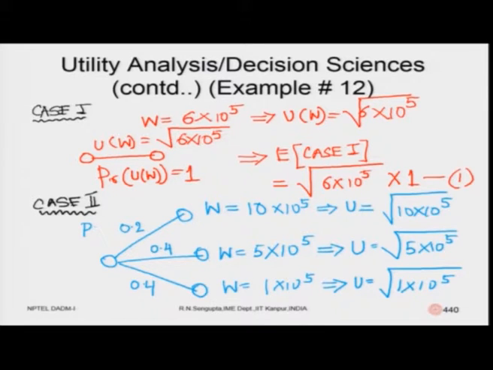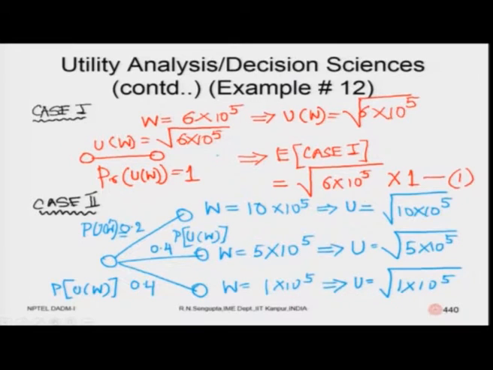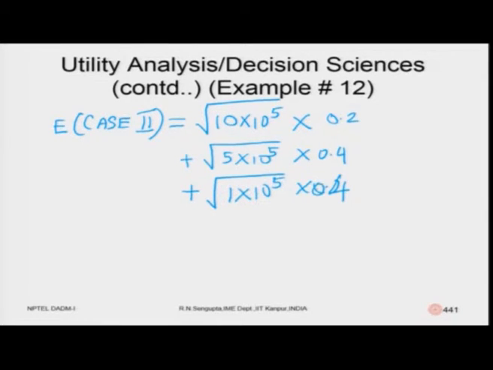These are the probabilities corresponding to the first case, this is the probability corresponding to the second case, and this is the probability corresponding to the third case. 0.2 plus, so again I will show it so that no mistake is made.